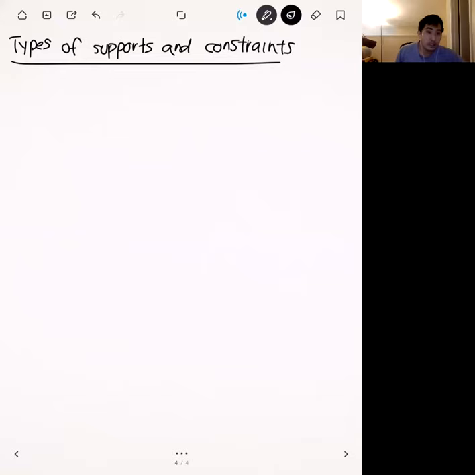Okay, and so the first type of support is a fixed support. Visually it usually looks something like this, like our structural element is kind of welded into the wall.